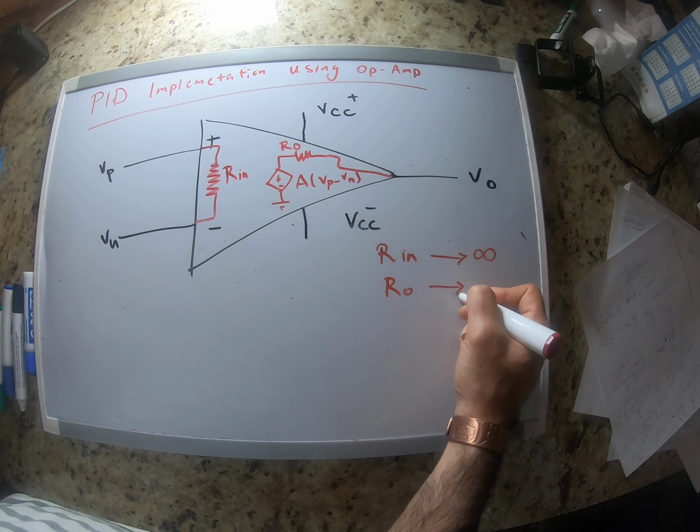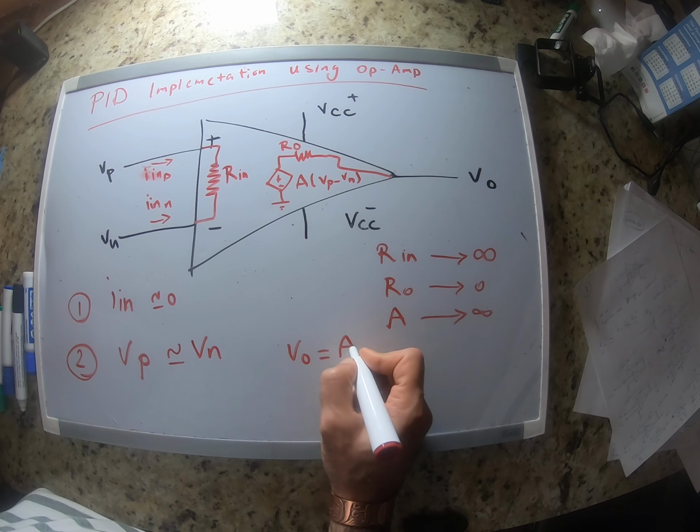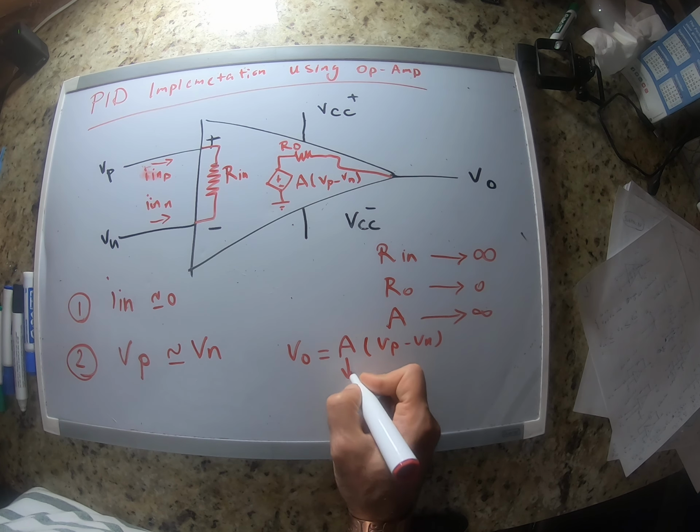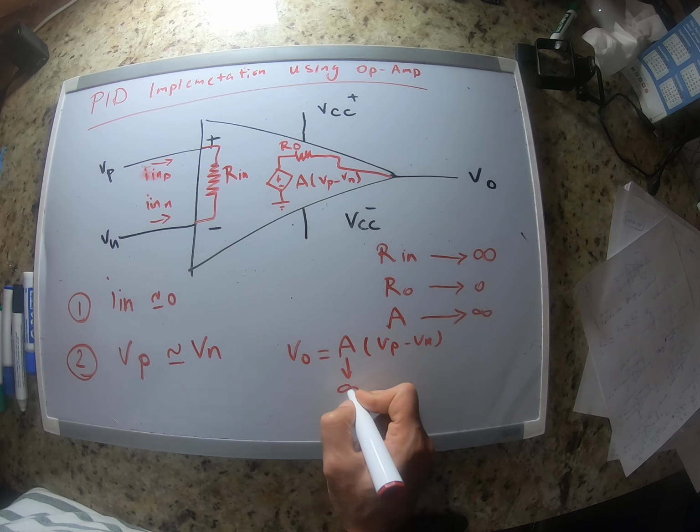So in most of our studies, we have VP almost equal to VN. You can see here VO is equal to A times VP minus VN. This is a very huge number, this is a very small number.